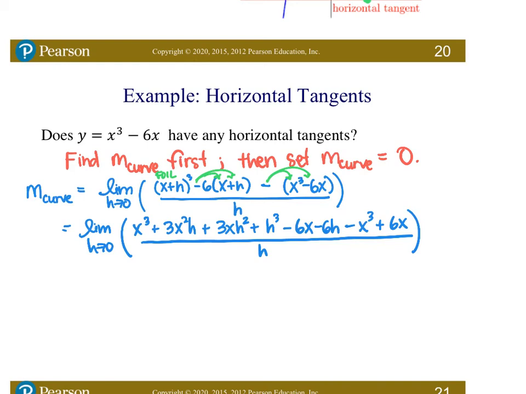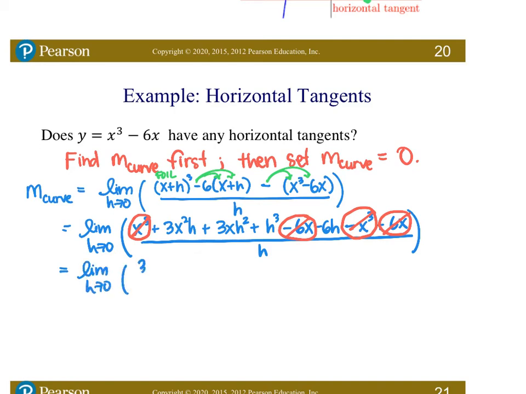So let's see what cancels out here. I have a positive x cubed at the beginning, and I find a negative x cubed farther back, so those things will cancel out. I have a negative 6x here, and I find a positive 6x, so those things cancel out. And nothing else cancels out, which means I'm ready for common denominator.